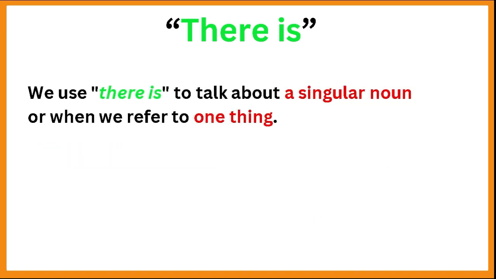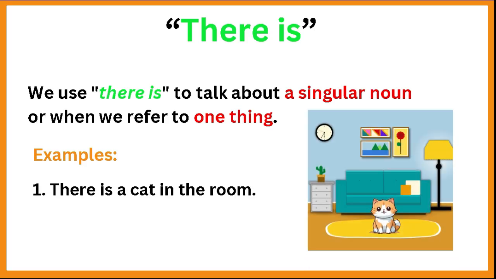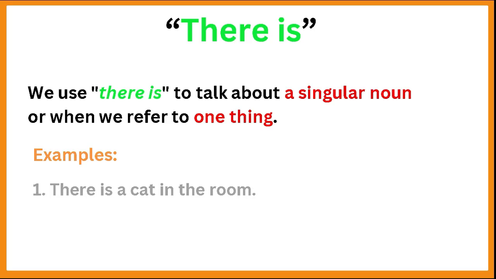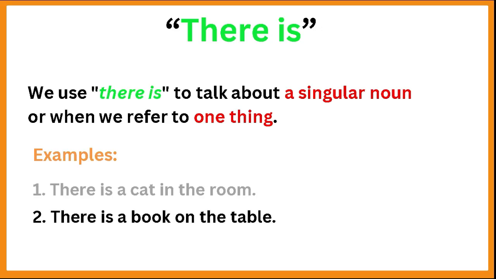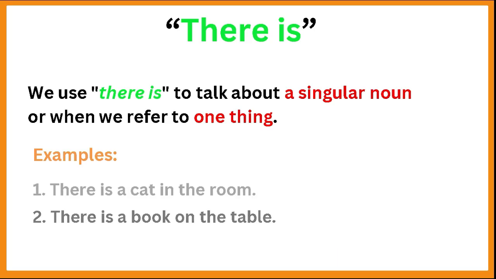Let's see another example for using there is. There is a cat in the room. Next one. There is a book on the table. Next one.